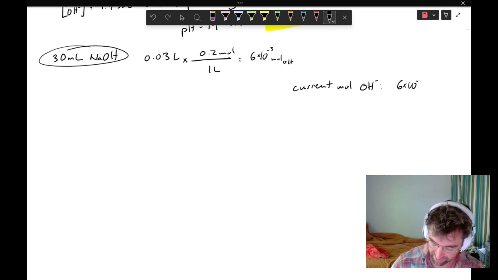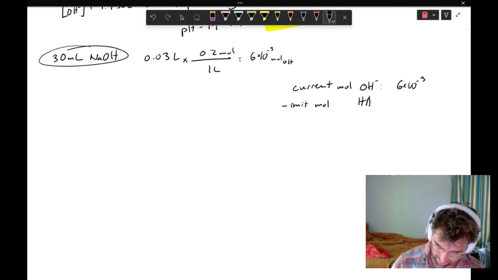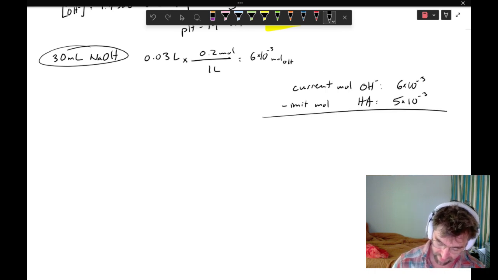That's 6 times 10 to the negative 3 minus the initial moles of acid, which we had previously calculated. Right, because we're not going to have any acid left over, but we are going to have some hydroxide in excess. Six minus 5 is 1, times 10 to the negative 3 moles of hydroxide.